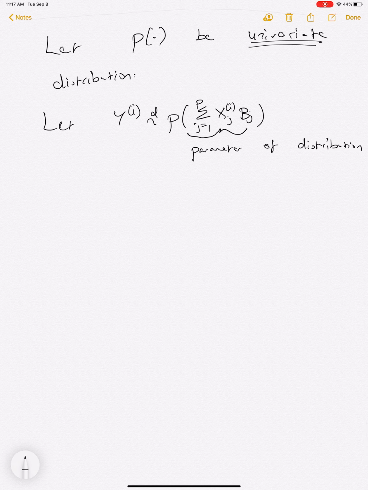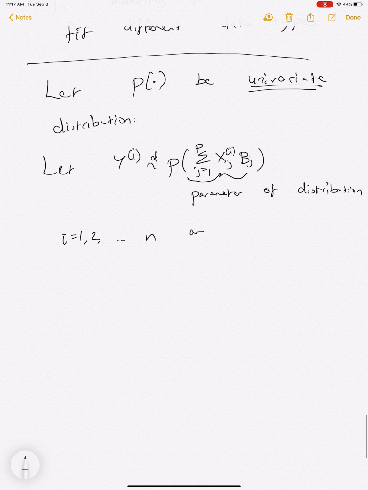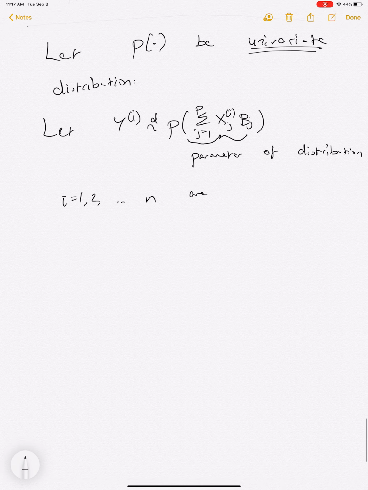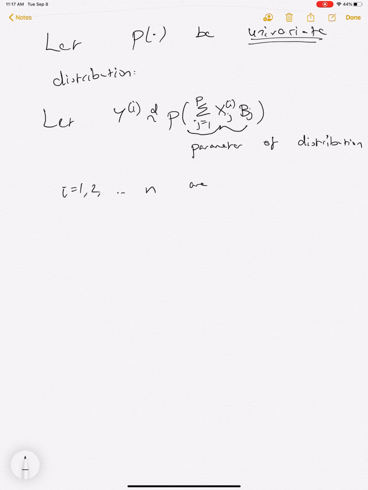Okay, and once again, we're going to assume that for i equals 1, 2, up to n, the yi are conditionally independent given x1, x2, up to xn.